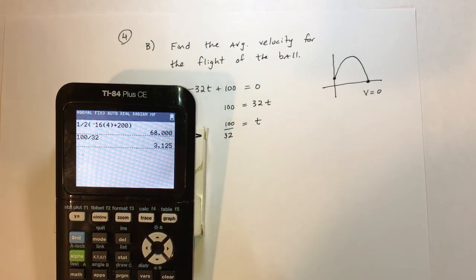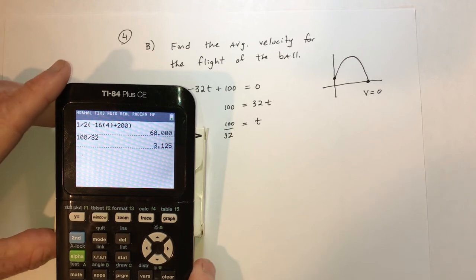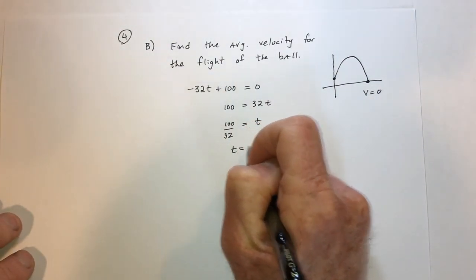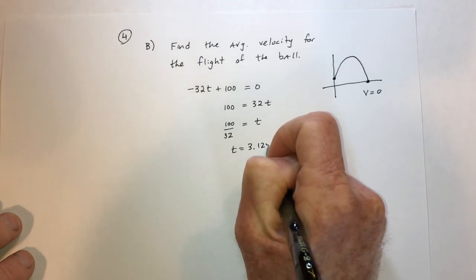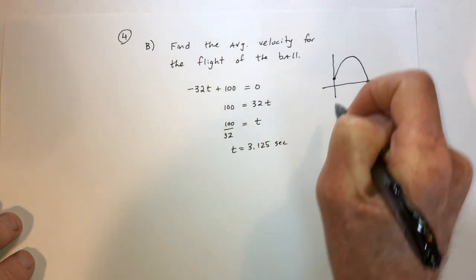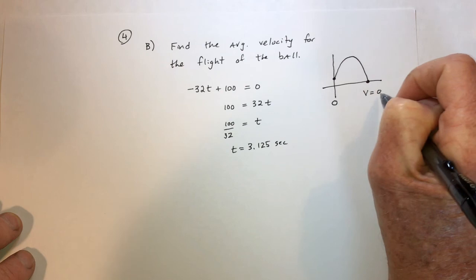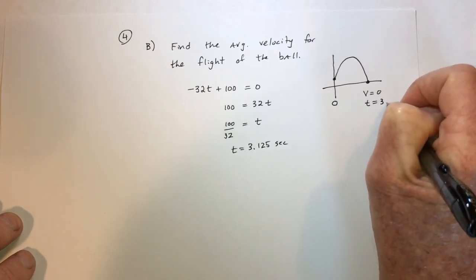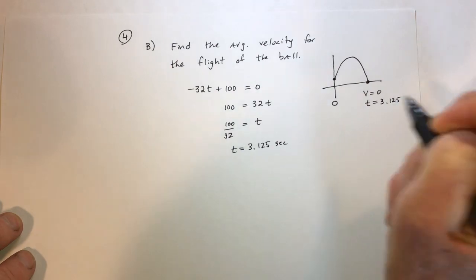So it's going to take 3 1/8 seconds until it hits the ground. So t is equal to 3.125 seconds. So this is going to be 0 seconds, and then when velocity equals 0, that's going to be t equals 3.125 seconds.